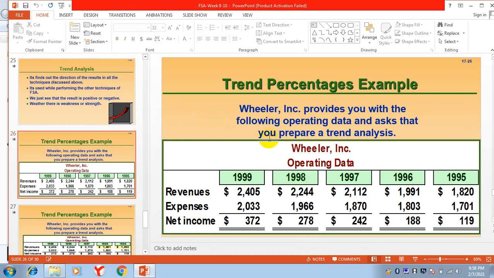Here is an example, a trend percentages example. Wheeler Incorporation provides you with the following operating data and asks that you prepare a trend analysis. From this data, we will prepare a trend analysis.